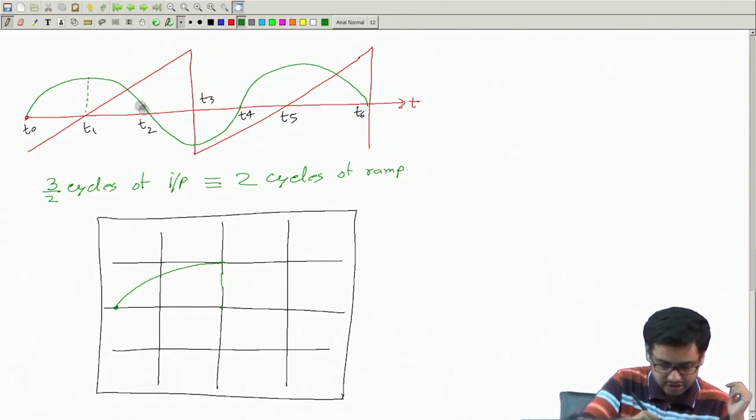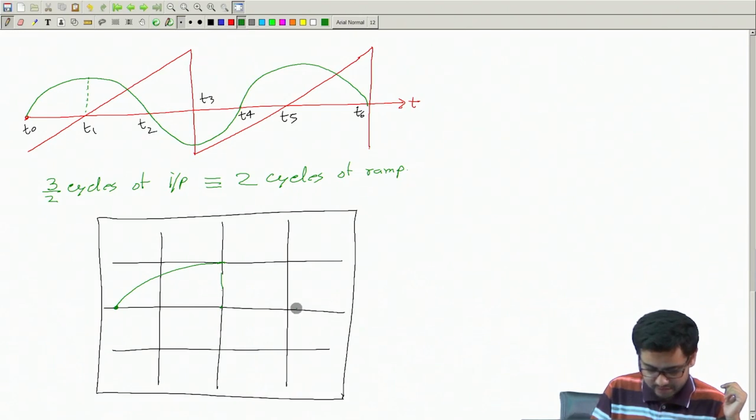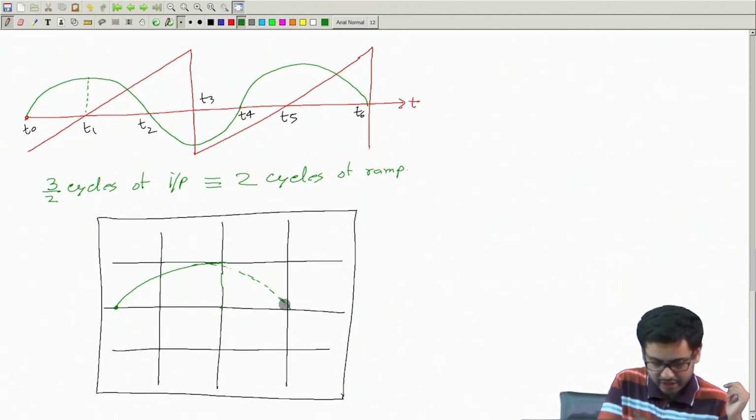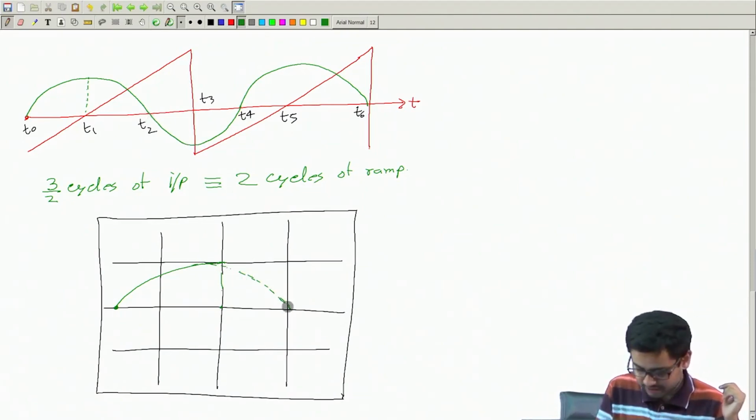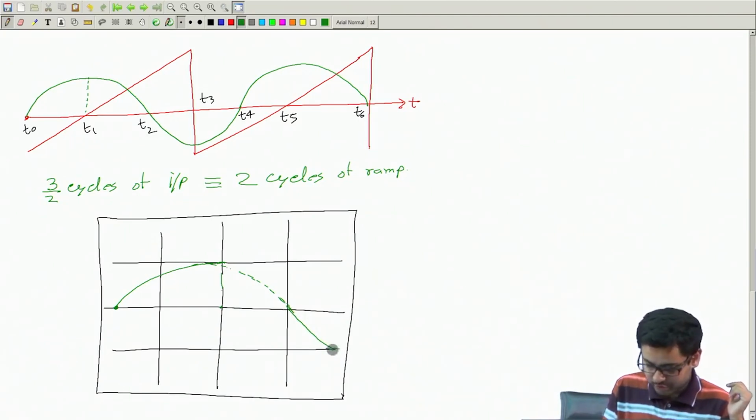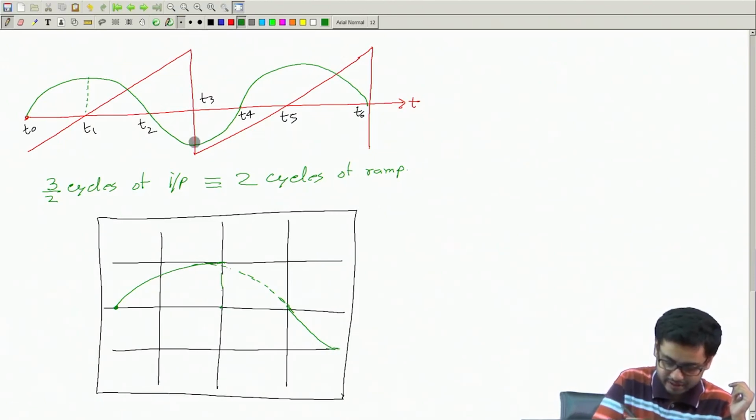X position will be somewhere here, not totally right, somewhere here. So then this will be the pattern. At T2, and then we will go down further. So this will be the point T3, where we are at the extreme right, but height is negative.